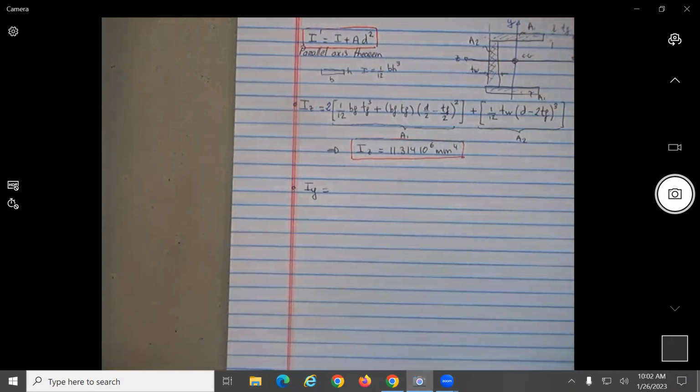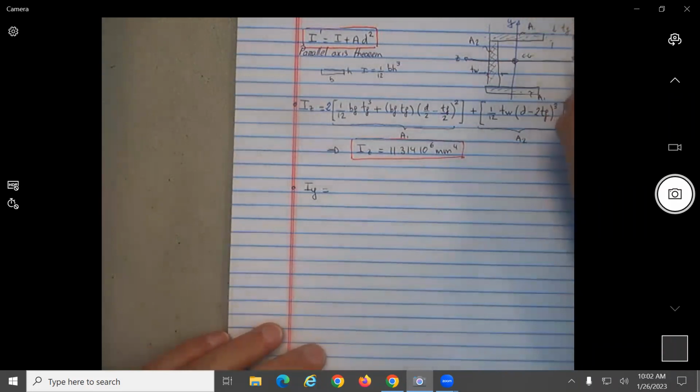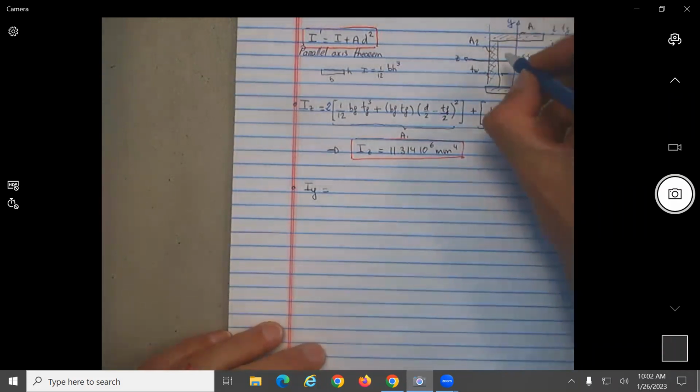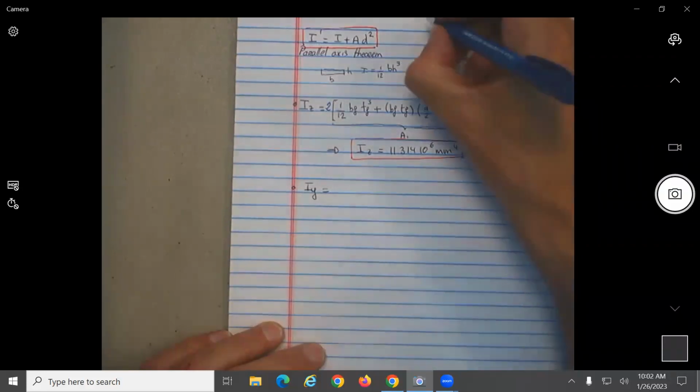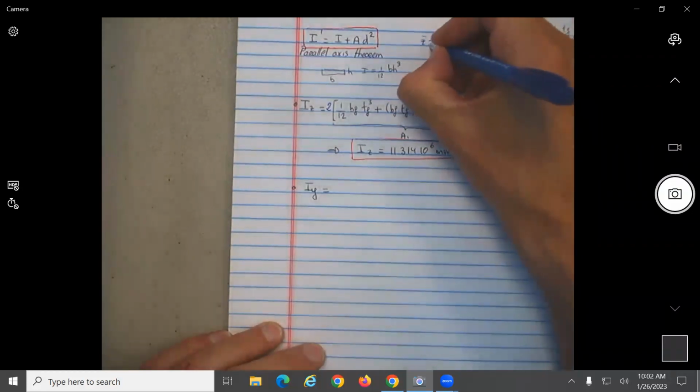So you might have to be a bit careful, because what was the distance? What was the Z bar that we had? I think Z bar was that distance here. So Z bar equal to 14.5.